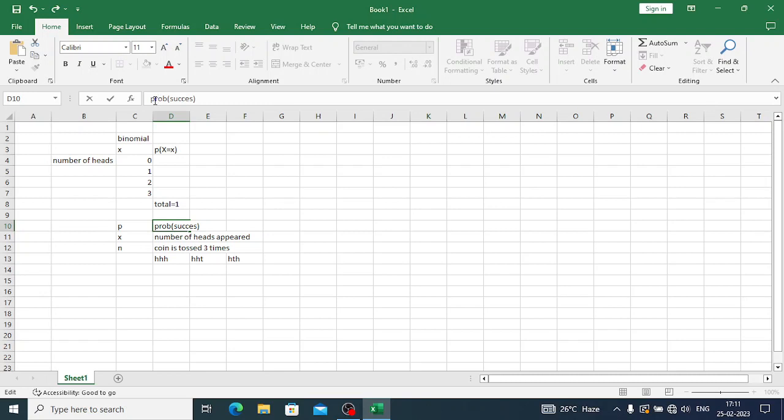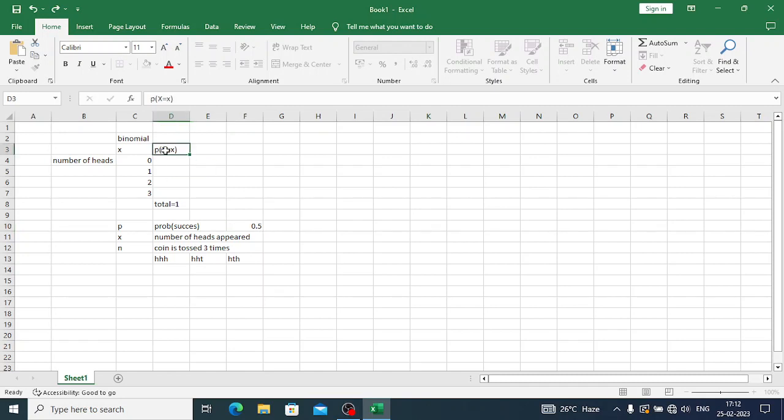Whenever we say the word chance, it deals with probability itself. 50% chance means 50 out of 100, that is 50 divided by 100. So your chance, as a mathematical number, is going to be 0.5.